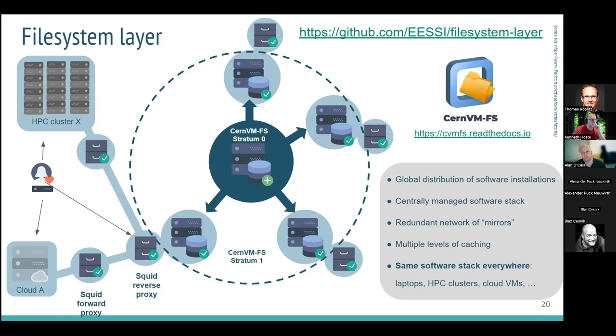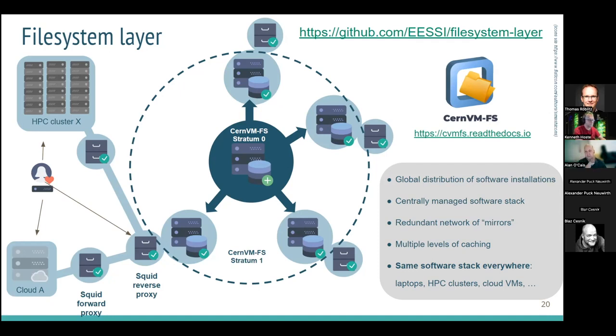What we use is CVMFS. This gives us our global distribution of software installations. CVMFS has been around quite a while, and it's used, as you might have guessed, by CERN, to distribute software used to analyze data coming from the experiments done at CERN. It's a method that gives you a way to centrally manage software stacks, and that's why we're using it.